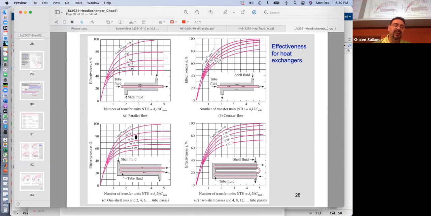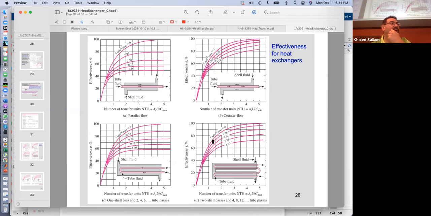This guy is exactly the same curve for all of them. So now the free quiz is to tell me why this curve is always the same for all of them. You tell me the physical significance or the physical explanation, why this curve is the same no matter whether you are parallel, counter, cross flow, why?